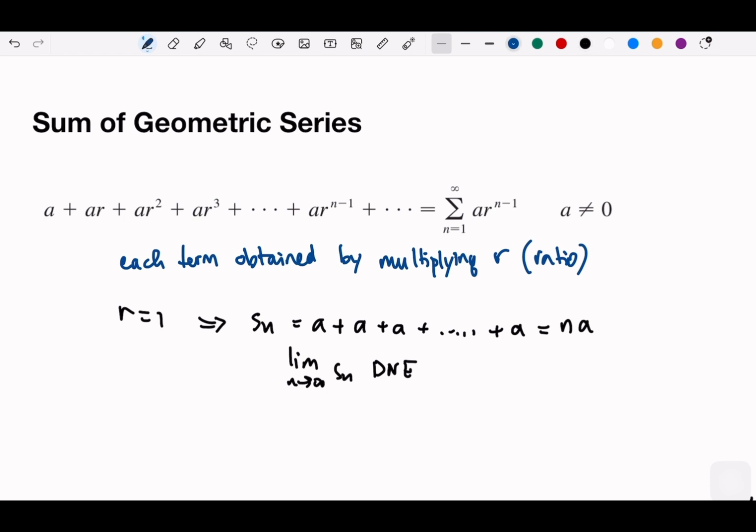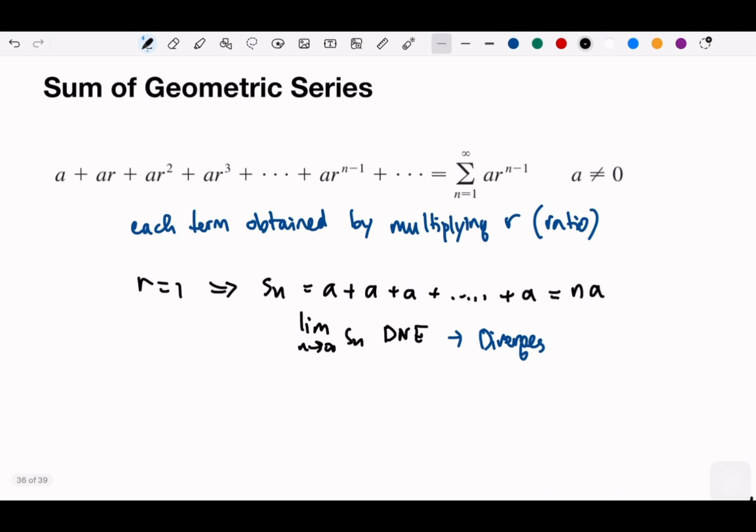So this will diverge for r equal to 1. So we need to define again a new r which works with this series. Okay? So it will work if we have r not equal to 1. So we could write the Sn as a plus ar plus ar squared plus dot dot dot ar to the n minus 1.